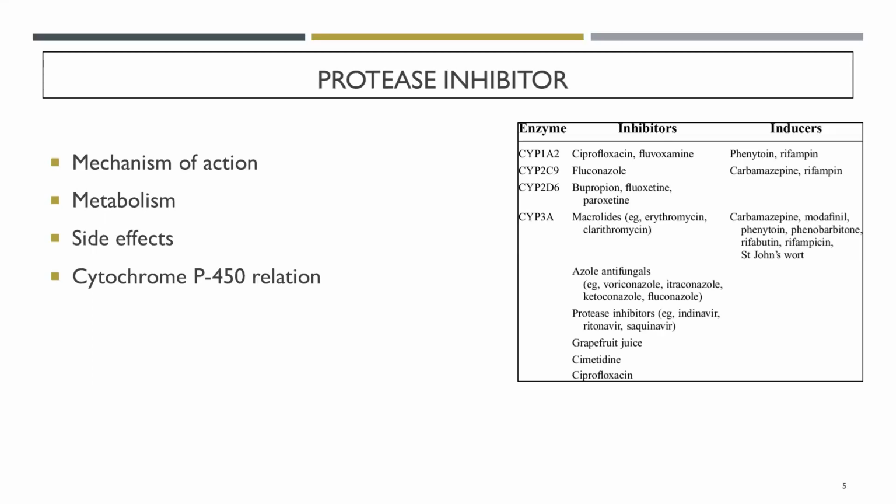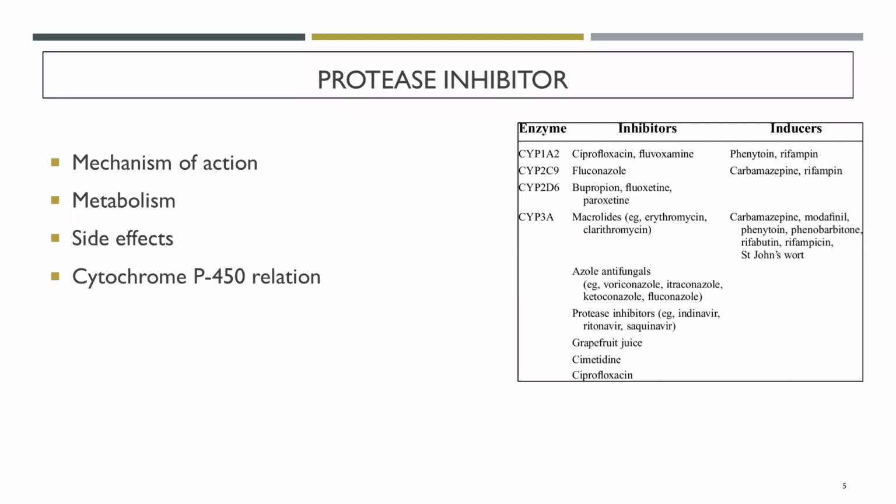In this, there are 2 drugs I'm going to discuss. First is Lopinavir and next is Ritonavir. The idea of putting the enzymes on the right side is because of the cytochrome P450 involvement.